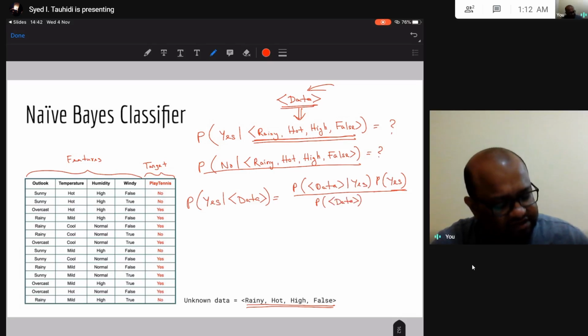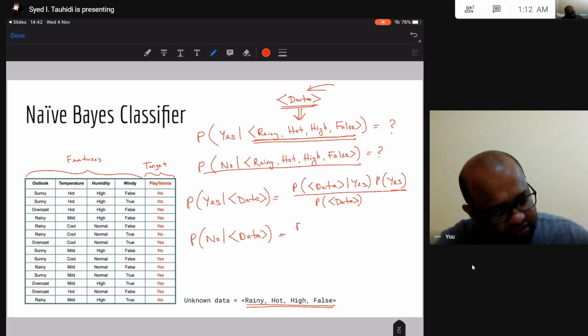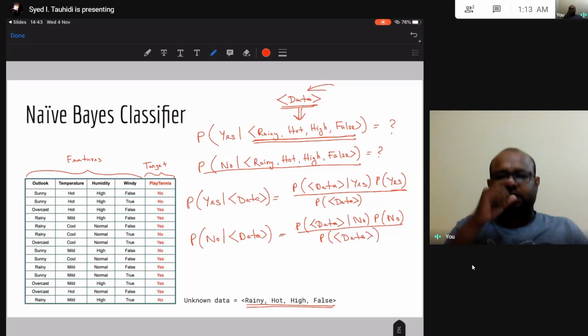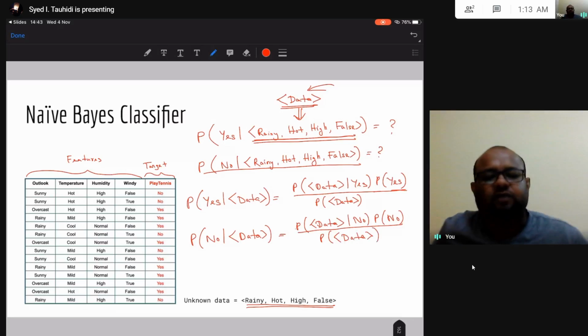And in the same way, we will find the probability of no given data is equal to the probability of data given no, times the probability of no, divided by the probability of data. Alright, so these are what we have.